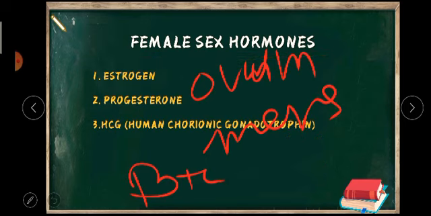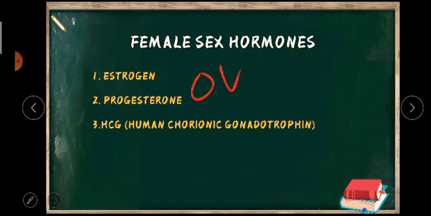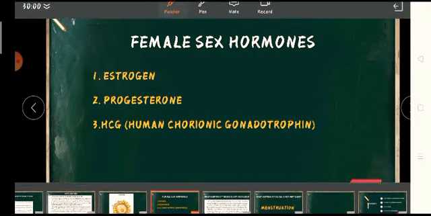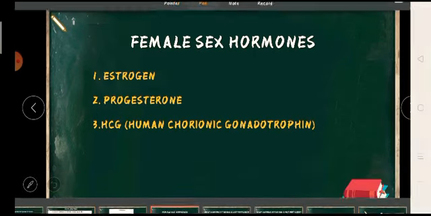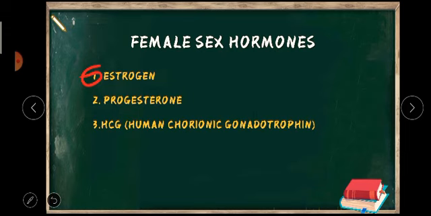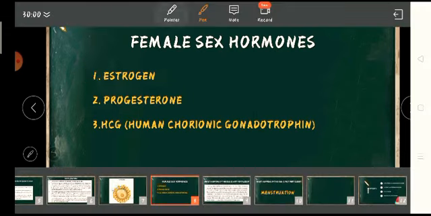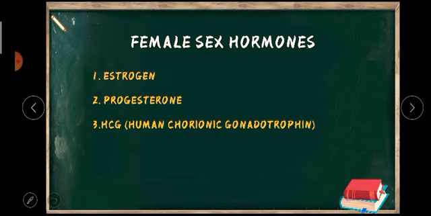So what are these? Let us know the names. The first is estrogen, also written as oestrogen in some books. It is a very important female sex hormone.